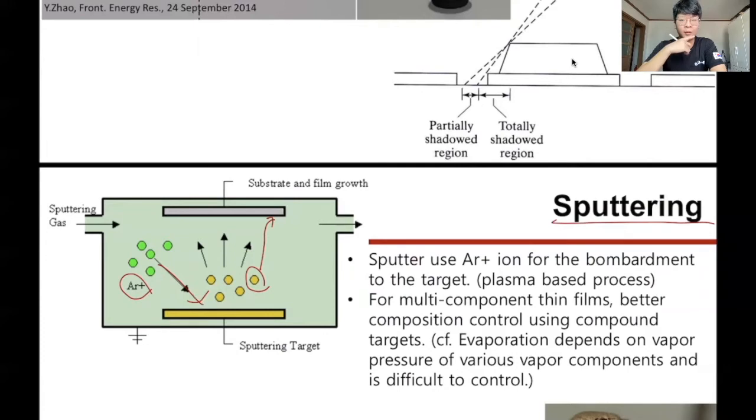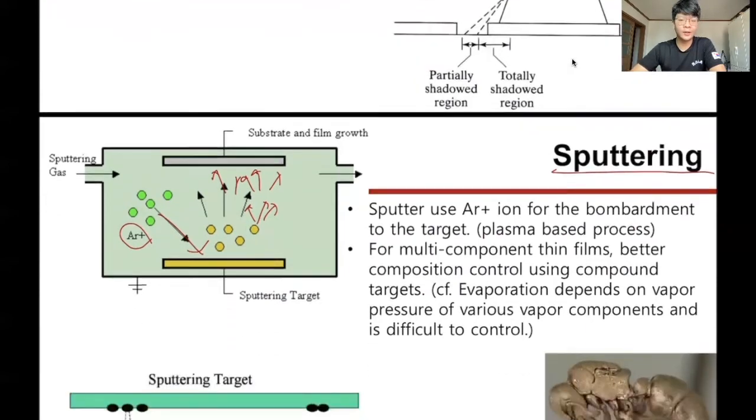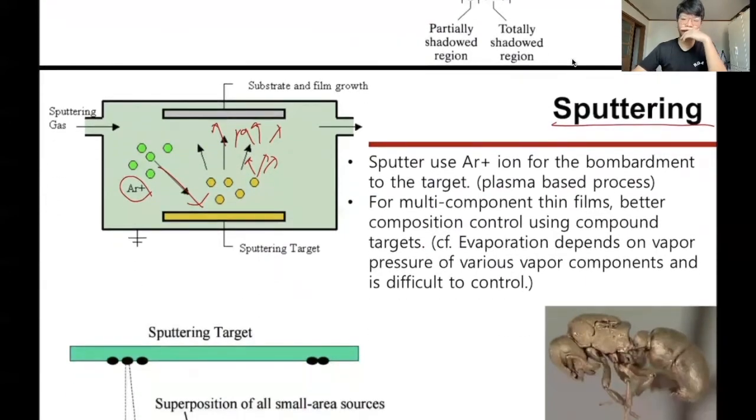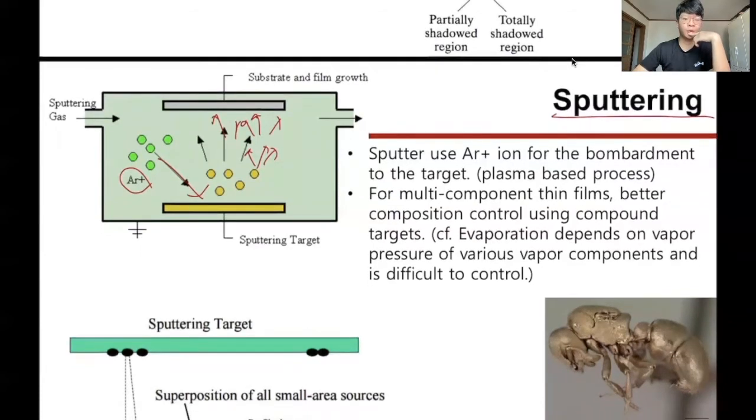Using sputtering can help produce very conformal films, because the evaporated materials travel isotropically, so it can deposit here and here. It has good step coverage. However, sustaining a certain vapor pressure is very hard, so it is hard to control.